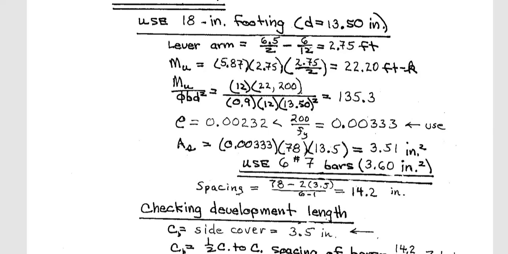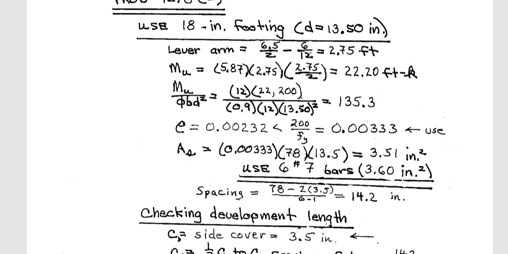Then go to the table. Now which table will give you base? It depends on f prime c and fy. So f prime c and fy, if I open your book, it is most probably table appendix A12. I'm not sure. Okay, I'm opening the book.